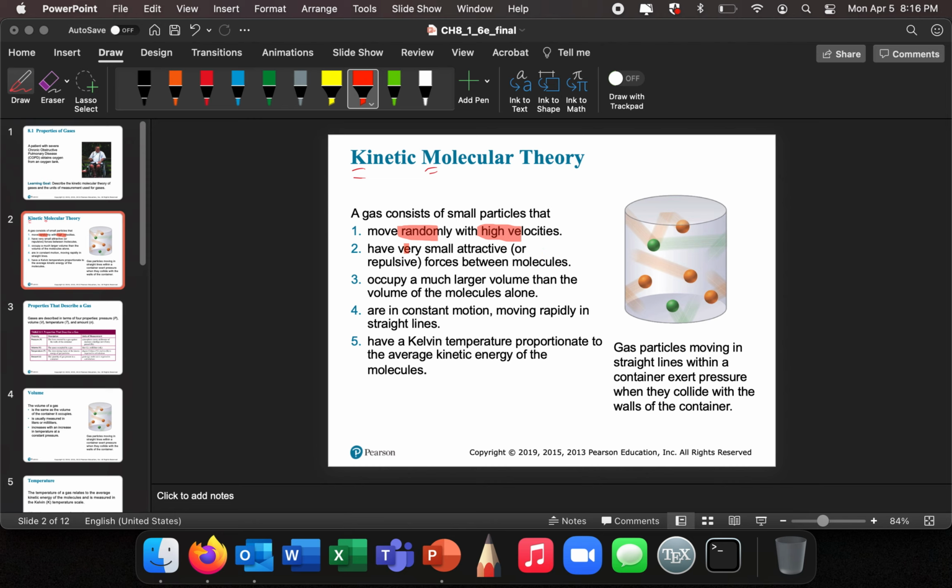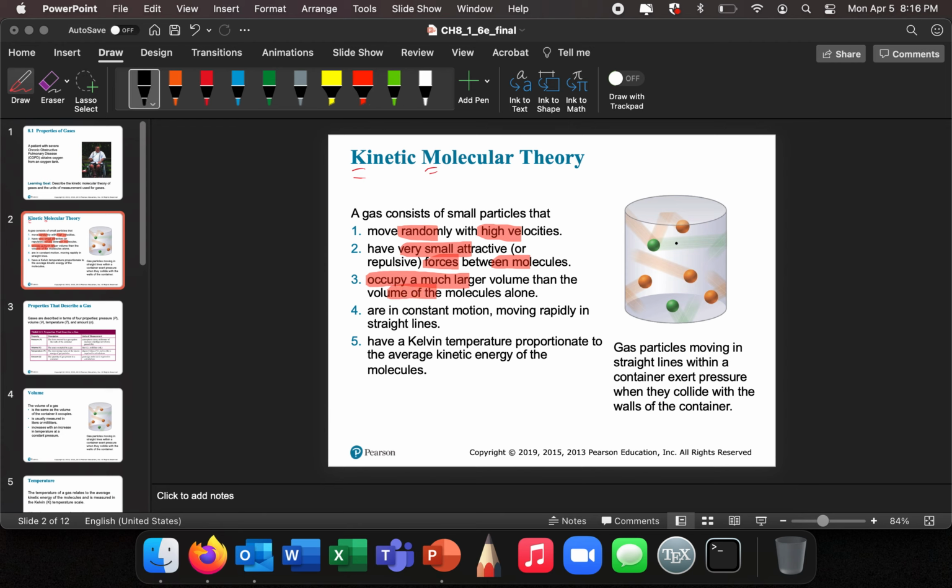The second principle is that they have very small attractive or repulsive forces between the molecules. In other words, they do not attract each other and they do not repel each other. The third principle is that they occupy a much larger volume than the volume of the molecules themselves.